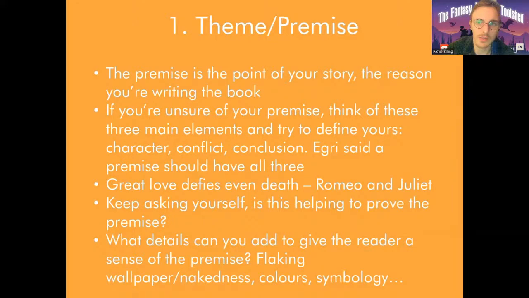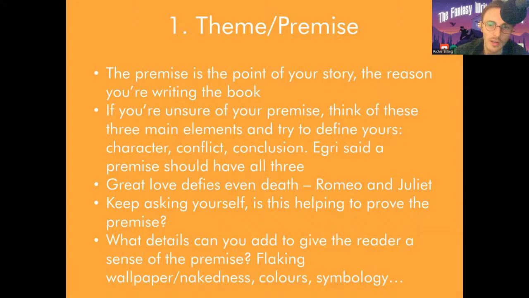Let's look at if you want to come up with your own theme and premise, or try and define it as you go along, because that's something that I also do. Here's a good little formula. Your theme should have three main elements according to Igri: character, conflict, and conclusion. It needs to have all three.